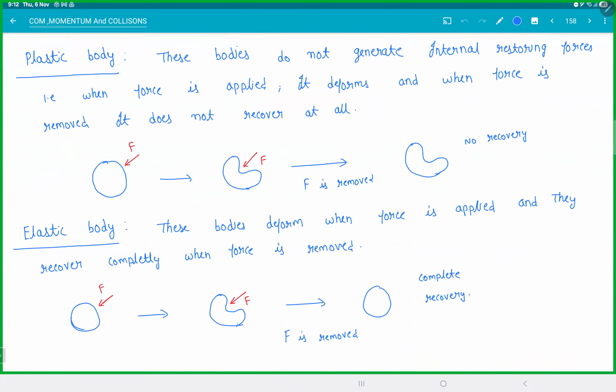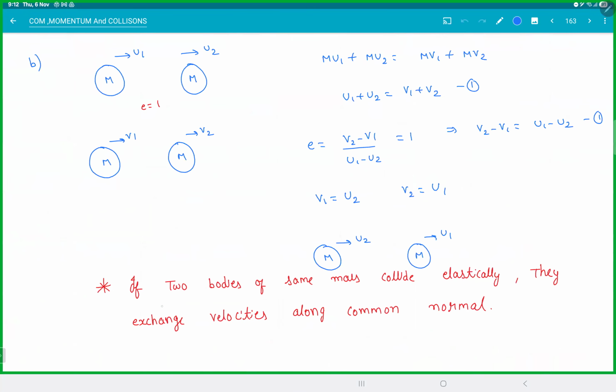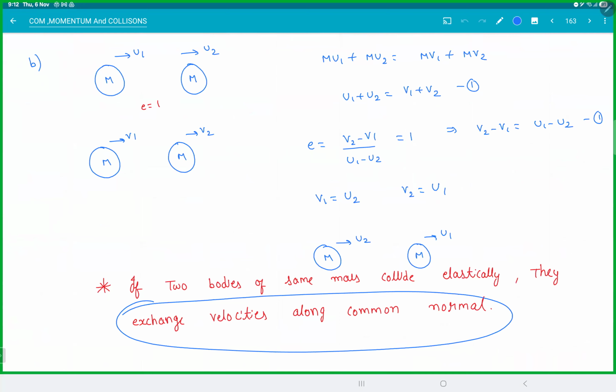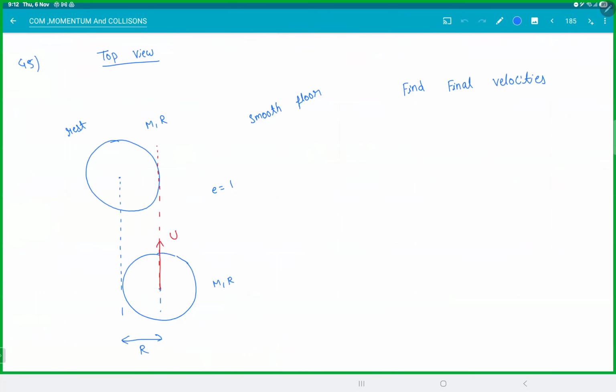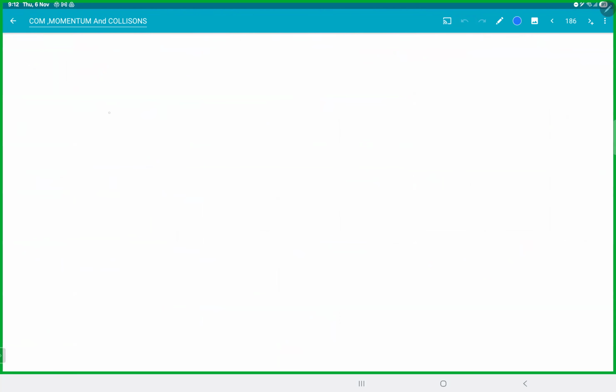When two bodies of same mass collide, they exchange velocities along the common normal. The velocities will not change completely. Only the components along the normal will get exchanged. Show you one. Listen. Draw the picture. So this is here.